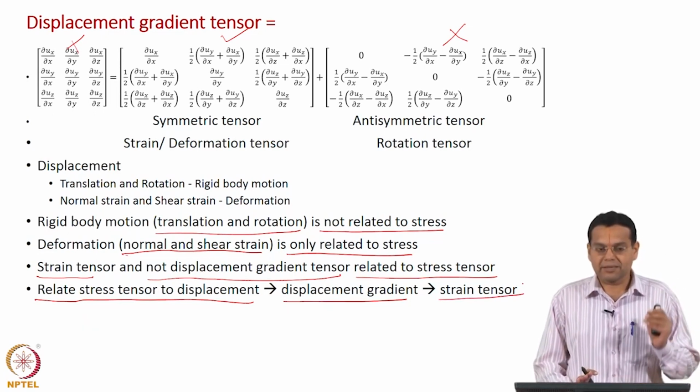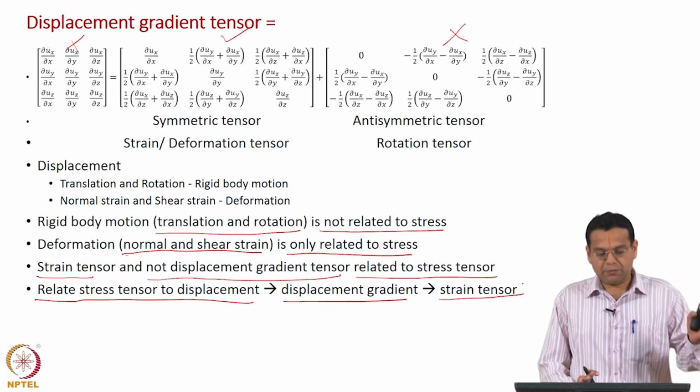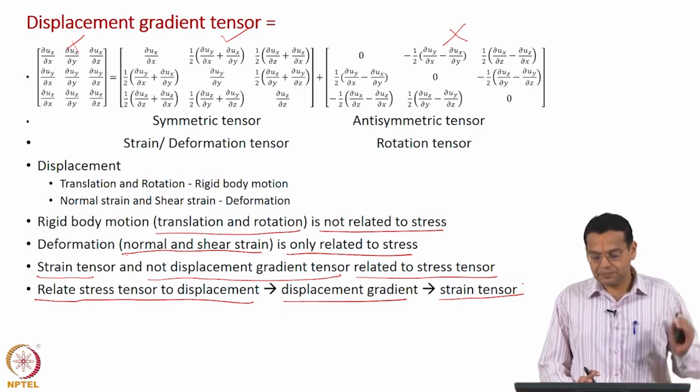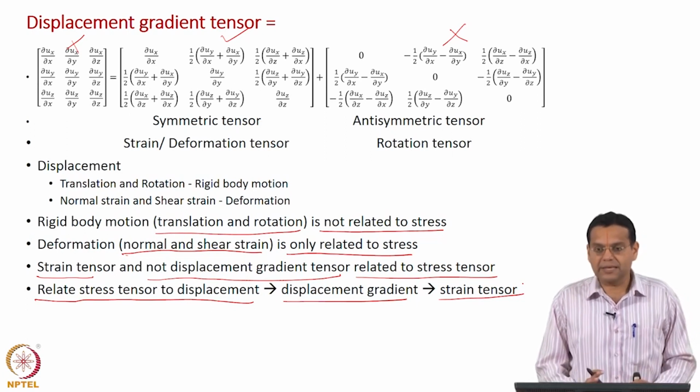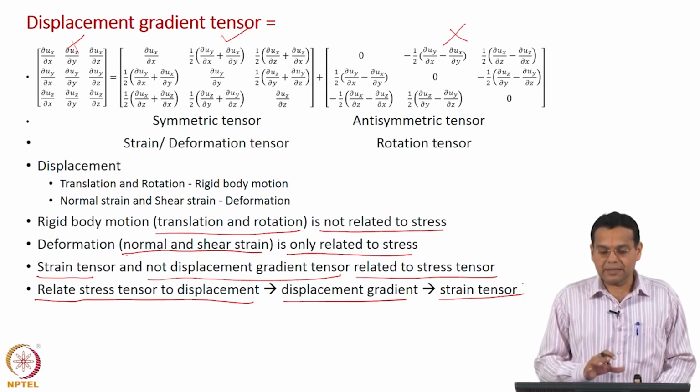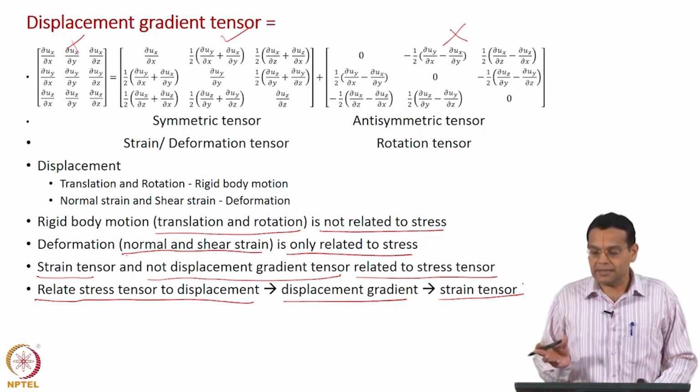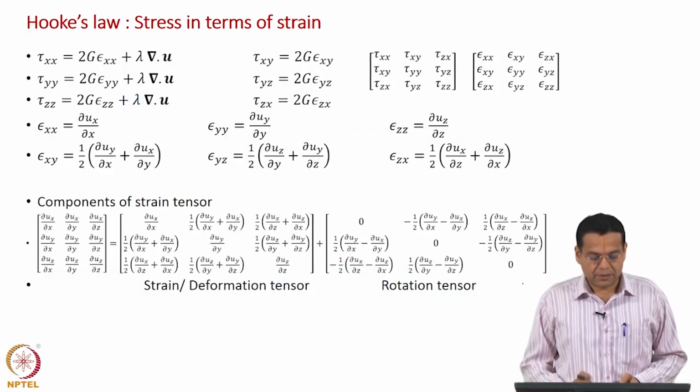After several classes, we put forth the question that we have to relate stress to the components of the strain tensor. That is exactly what we have done in today's lecture. The left hand sides are all stress, the right hand sides are all components of the strain tensor. Let us look at it again. Now this slide becomes very clear.